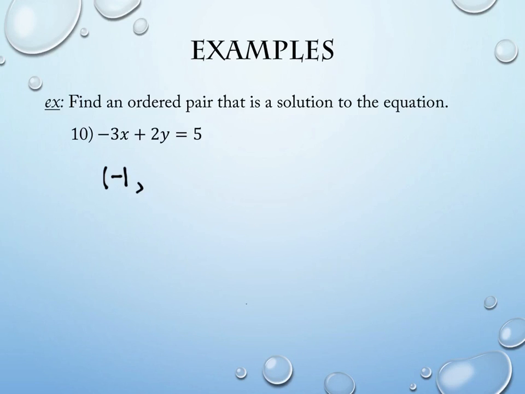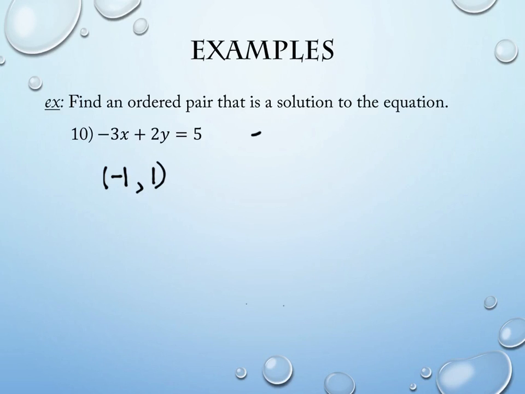The reason I am is because it'd be really nice if I had 3 plus 2y on the left, and I can do that if the x value is -1. Then I have 2 times y, so of course y is determined by x. If I let x equal -1, you're going to end up having 3 on the left and 5 on the right, which means you need 2 more on the left, for a value of 2.